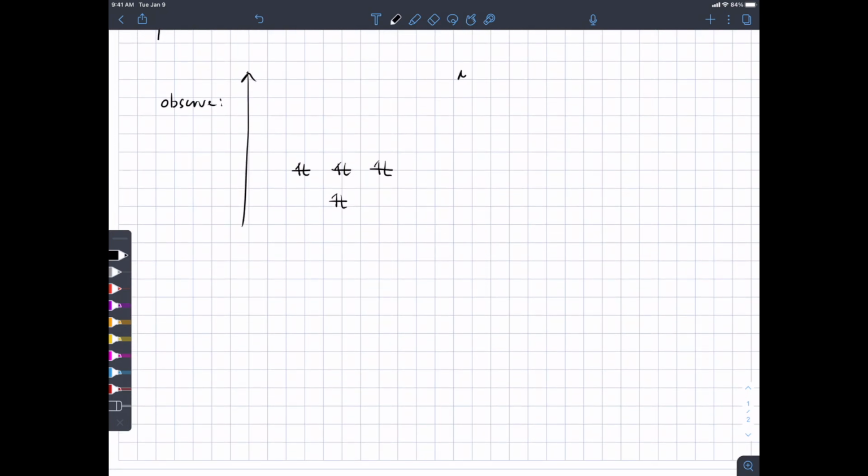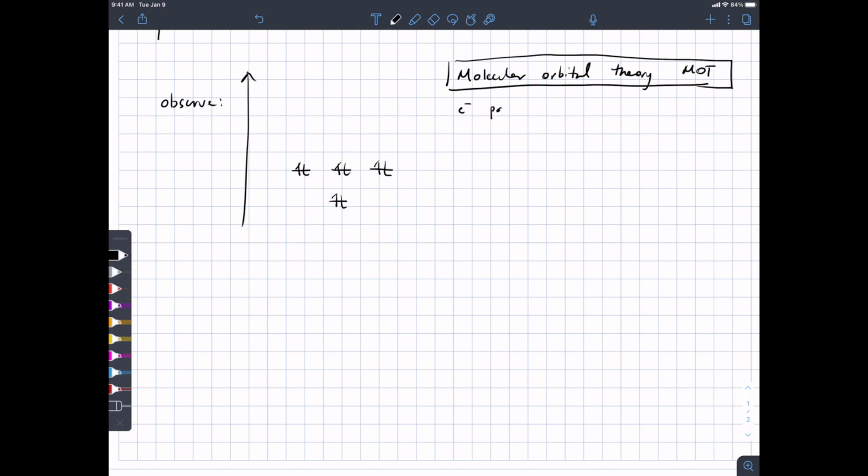That's what a bond is. Molecular orbital theory takes a different approach. And in molecular orbital theory, electron pairs are in an orbital that is a molecular orbital that spans the whole molecule.